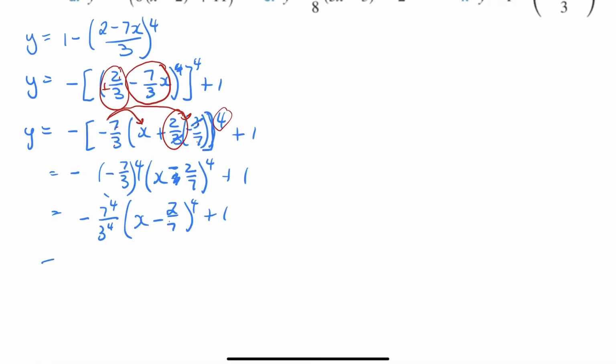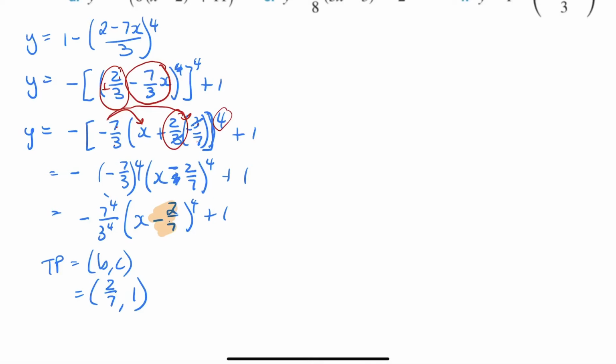I can see that my turning point is going to be, remember, turning point is (b, c). And in this case b is the opposite sign of what I have here. So the x is 2 over 7 and my y-value is going to be plus 1. So that's my turning point, 2 over 7 and 1.